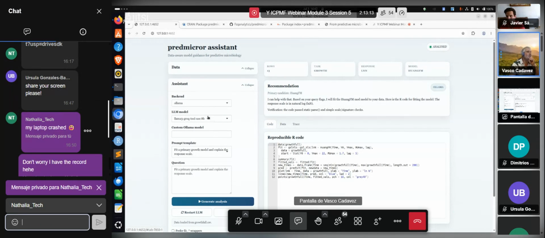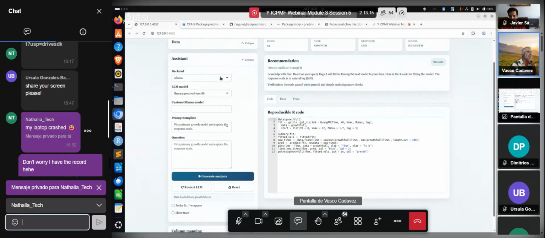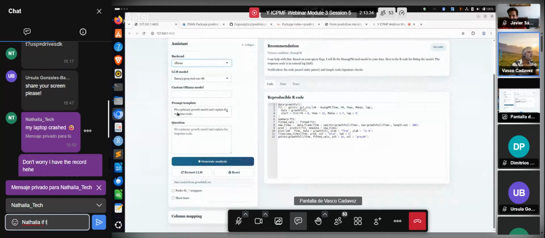If you have Ollama on your computer, you can use it. We have also a deterministic solution, but in this case, I have Ollama, and I'm using Llama 3 Groq Tool Use 8B. So this is an LLM for tool use, and you can ask.